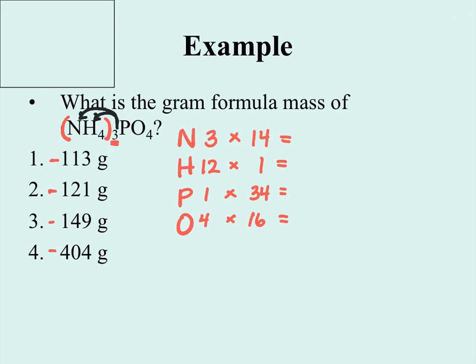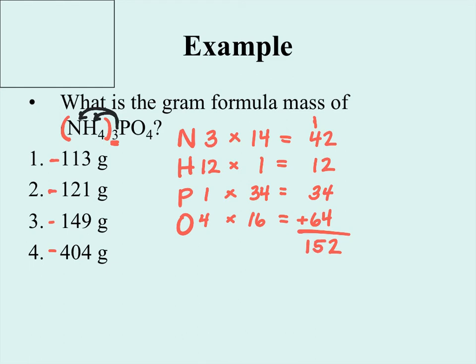Okay, so then we just multiply across. So 3 times 14 is 42. 12 times 1 is 12, 1 times 34, and 4 times 16. We add up our values, and we get 152.